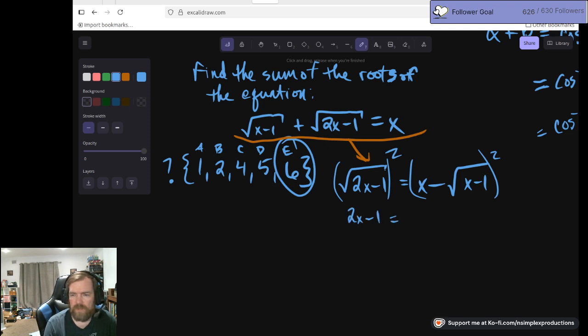Then we get 2x minus 1 is equal to x squared minus 2x root x minus 1 plus x minus 1.